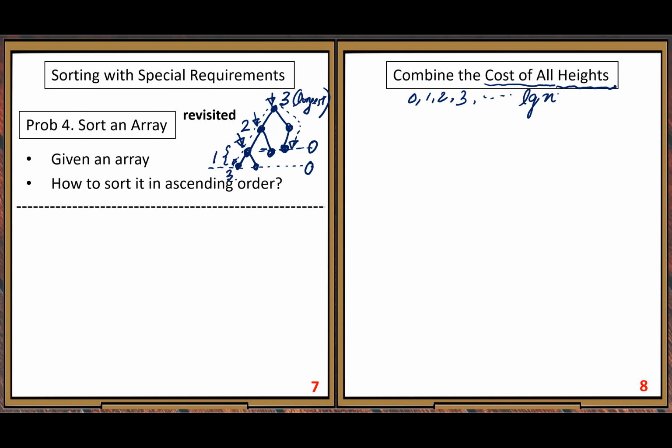That's the height number. For 0, no cost. At ground level, we do nothing. So we start from height 1, height 2, and so on until the top one.